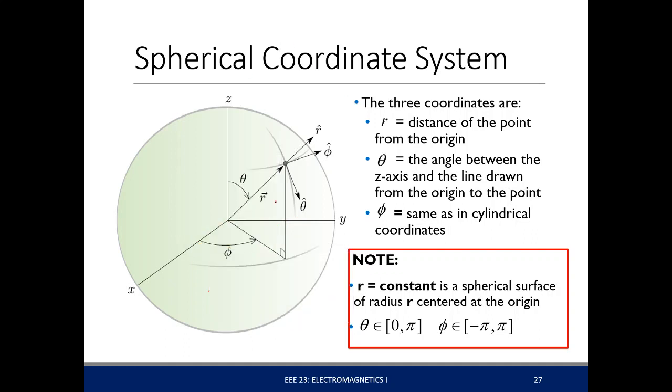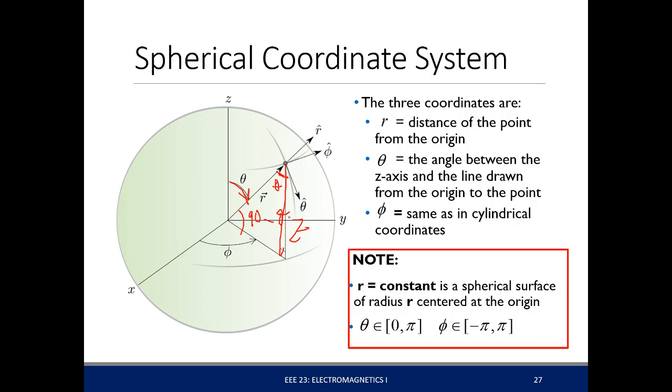For az, well, again, this height is z. This angle is theta. Therefore, this angle is 90 minus theta. And this angle between your r and z is theta.